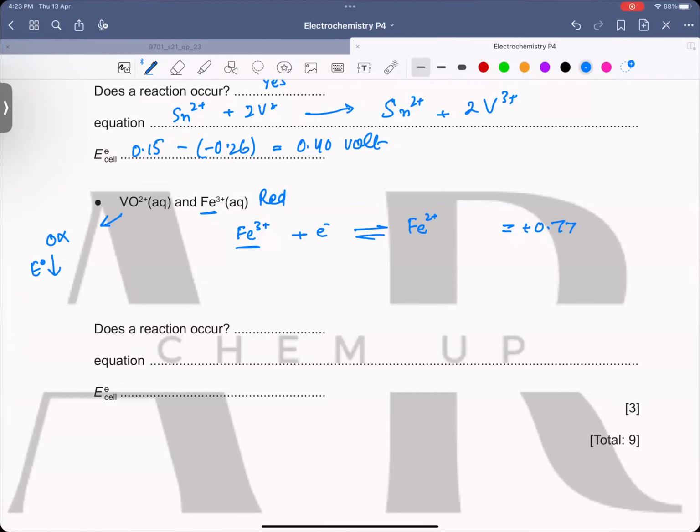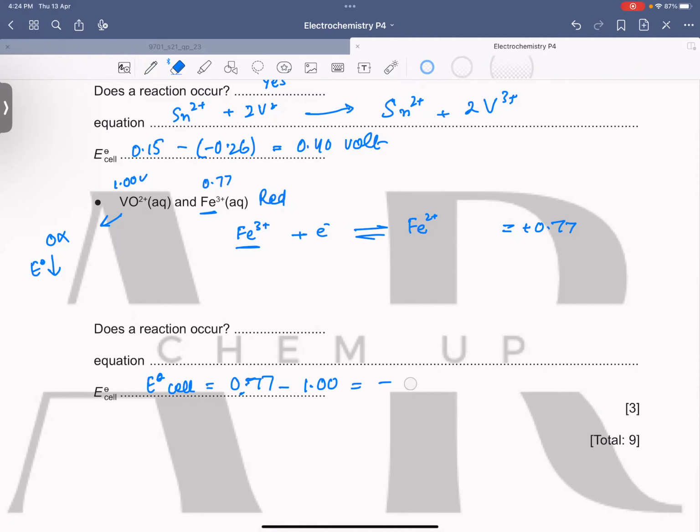और इस बात को हम जस्टिफाई करना चाहें तो हम ई नॉट सेल कैलकुलेट करके भी कह सकते हैं, क्योंकि ये ऑक्सीडाइज हो रहा है और उसकी वैल्यू 1.00 वोल्ट है, और ये रिड्यूस हो रहा है और उसकी वैल्यू 0.77 वोल्ट है। So what I was supposed to do, if you would calculate the E naught cell, it would be 0.77 minus 1.00, so it gives you negative 0.23 वोल्ट। सो नेगेटिव आ रहा है, does reaction occur?